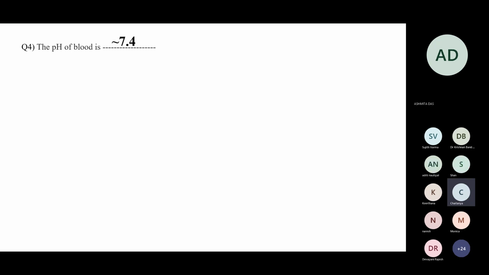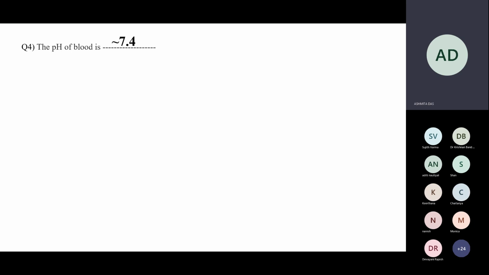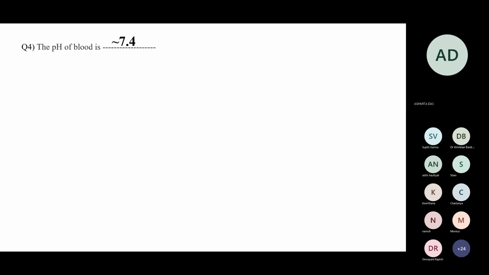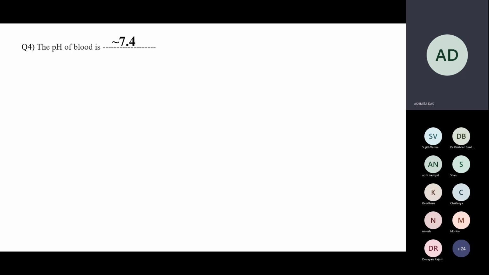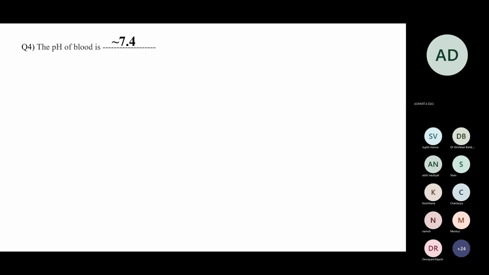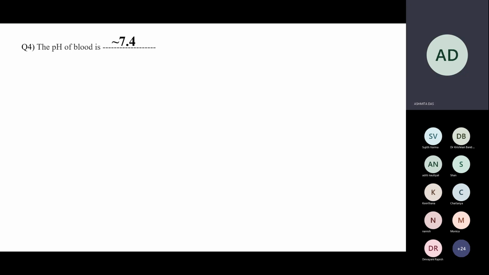Bicarbonate ions and other ions in the blood. Which organ has a role in maintaining the pH? It plays a major role in maintaining the pH.